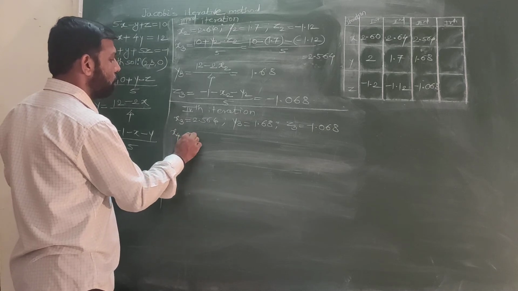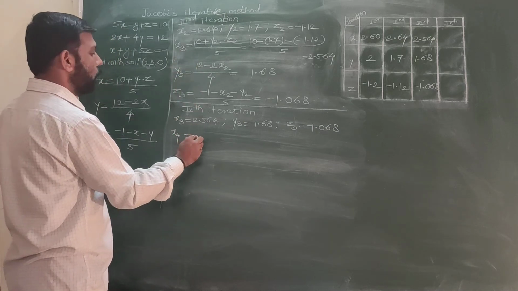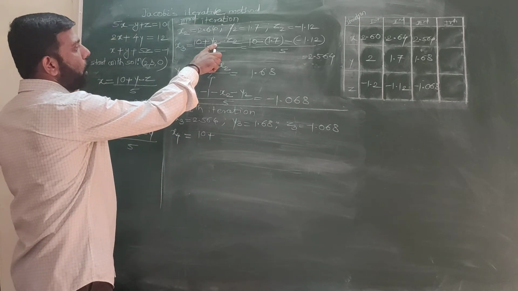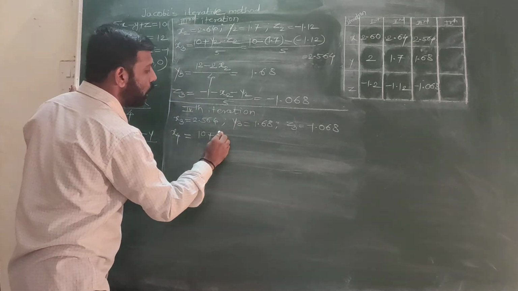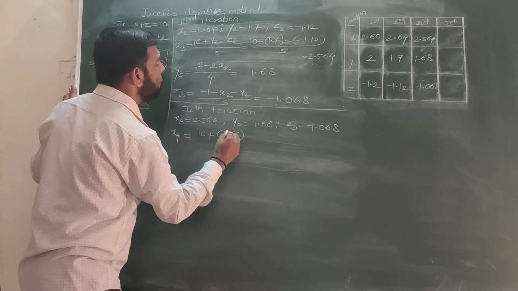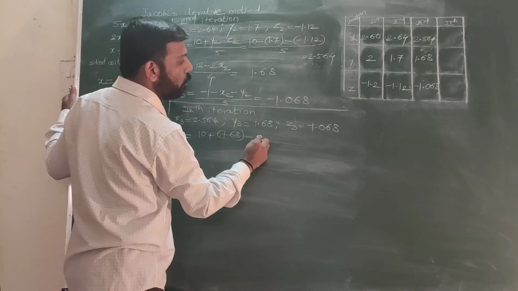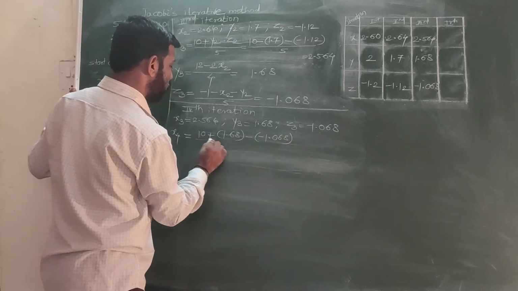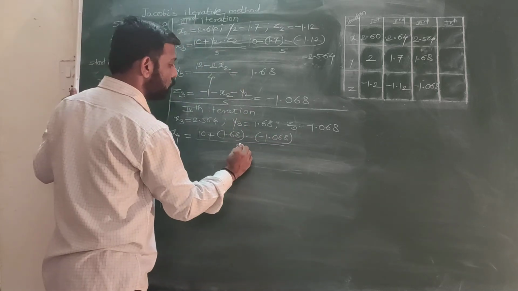Then x4, the fourth approximation value, becomes (10 plus, instead of writing y3 here, I am directly putting this value 1.68, minus z value) upon 5.